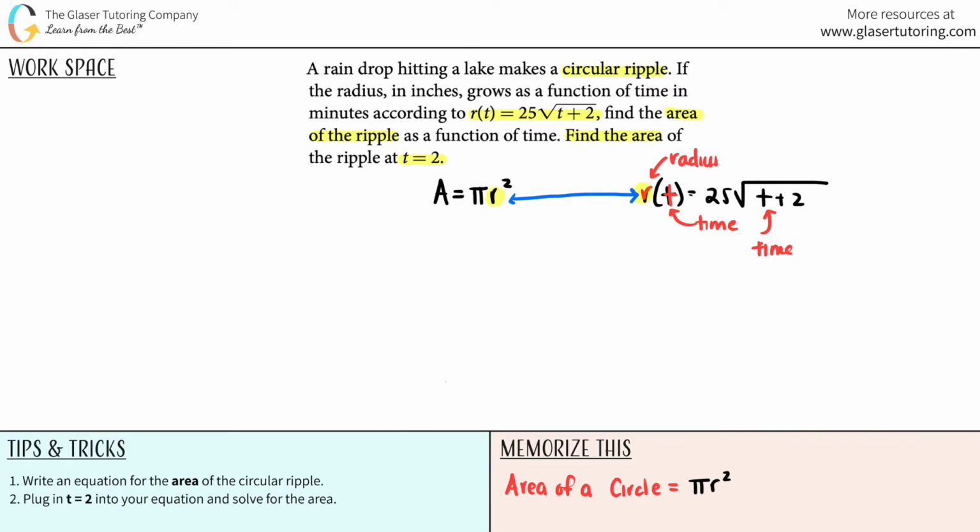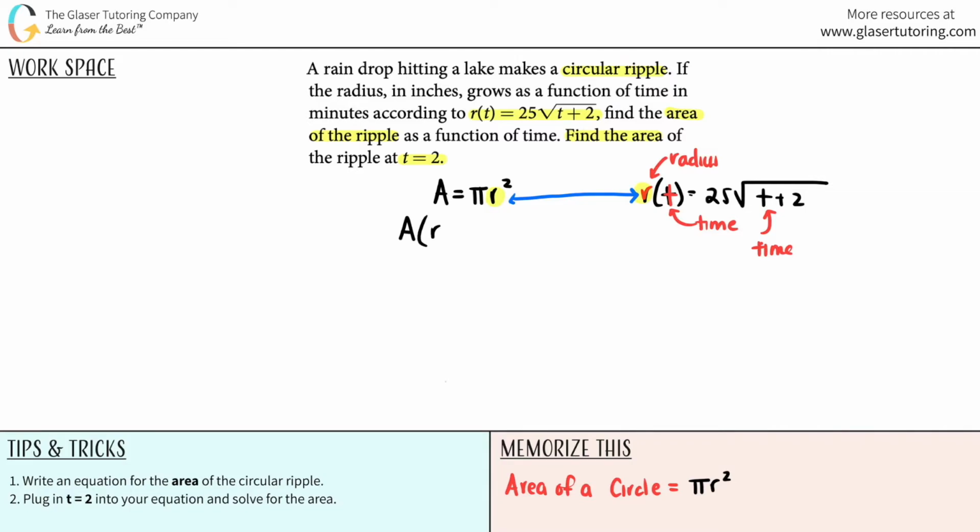So the first thing that we're going to have to do is relate these two equations together. We have to write an equation for the area of the circular ripple in terms of time. So what I'm going to say is, we'll give this more context.